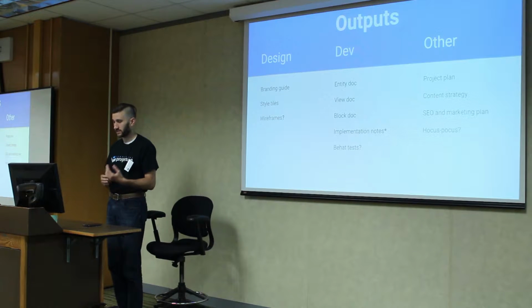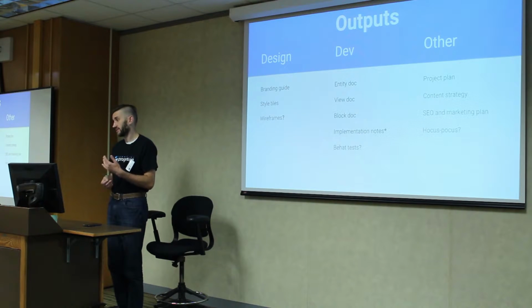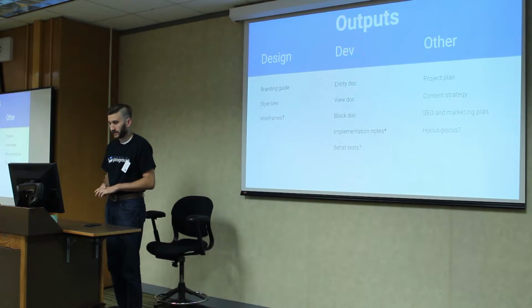So as long as you write really precisely worded user stories, you can dump that into a file and run it, and the website will tell you whether or not you're meeting the criteria that are necessary. So you can kind of merge implementation notes with Behat tests in some circumstances. But that is overhead, and so for a very small project, that level of testing might not be entirely necessary.